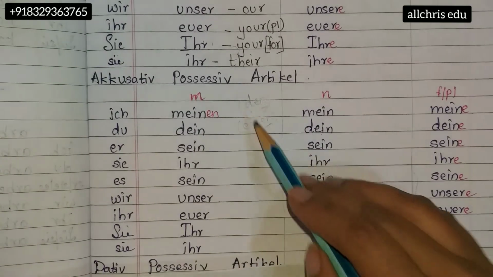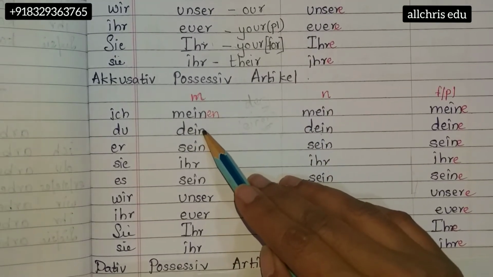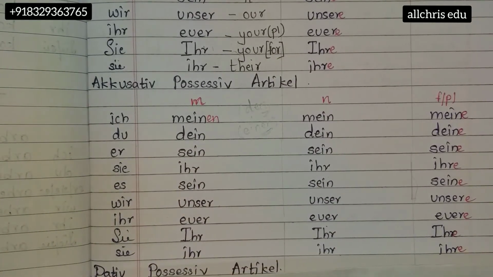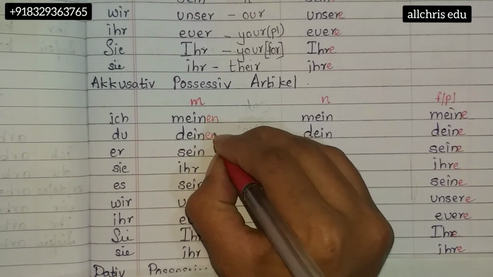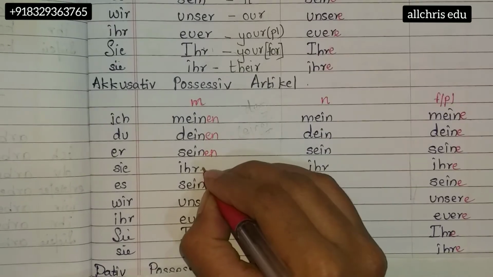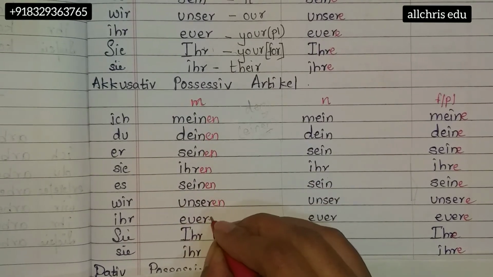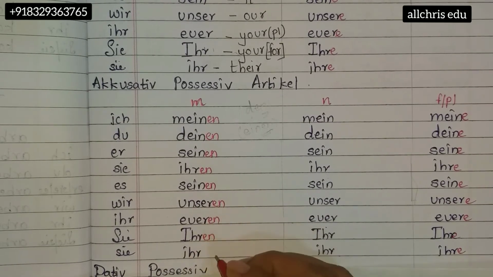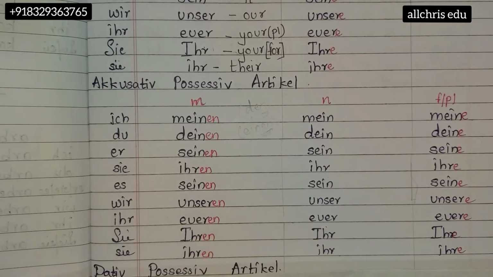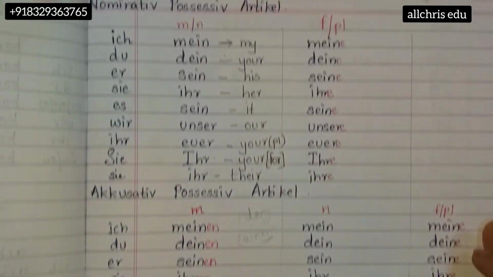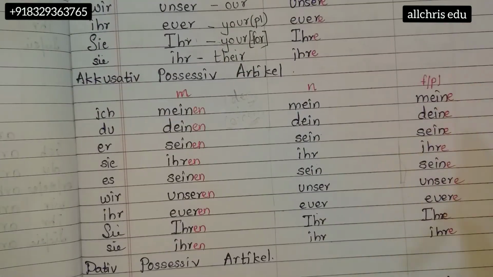So en comes in both. So you can keep this as a trick too. So everywhere you will add en. When you are adding en, make sure that it should look one word and not two different words. Yeah. So this is the easiest trick of nominative column up and the accusative column down.